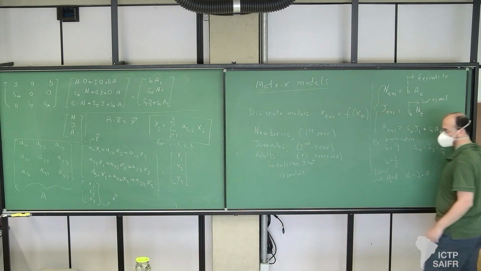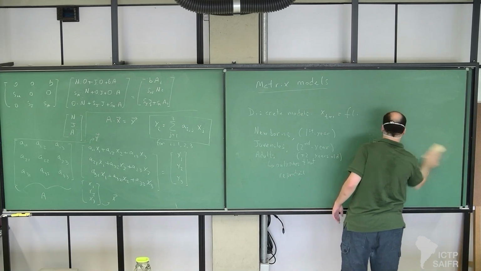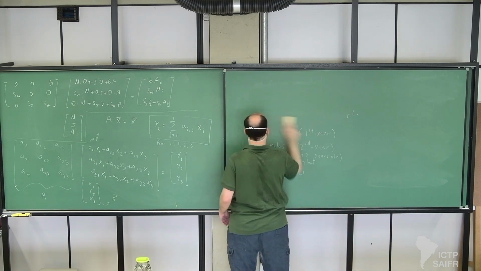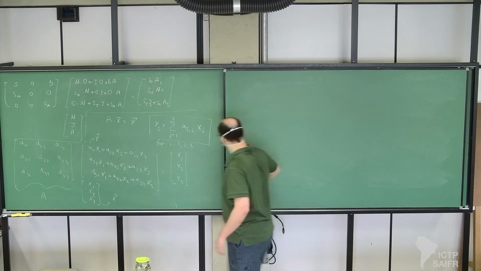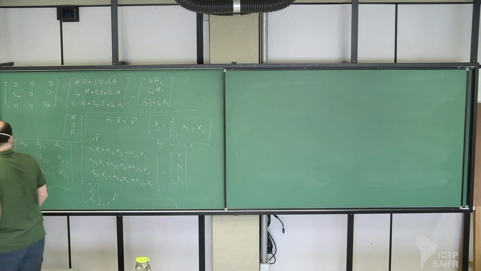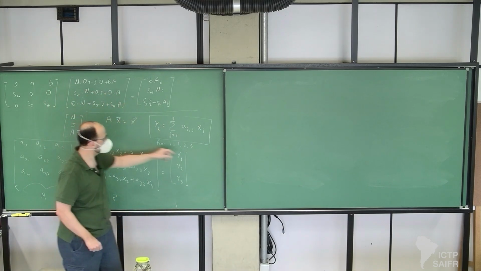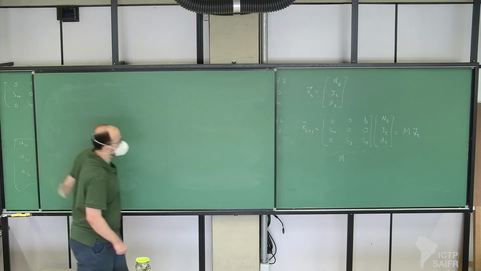So let me erase this part here. And then, what do we have now, right? So I did this stuff here in order to write my model in this way, right?